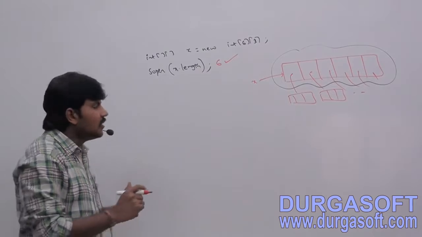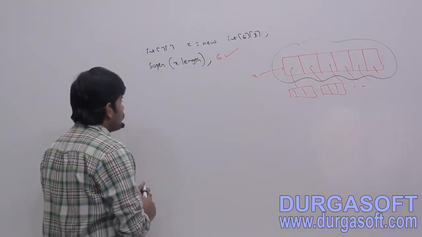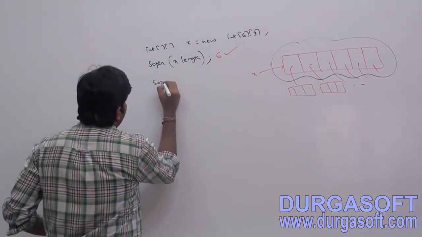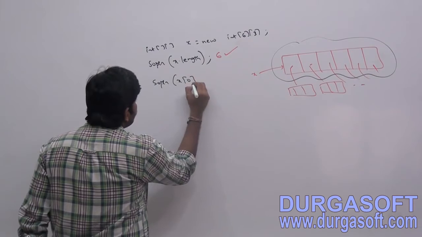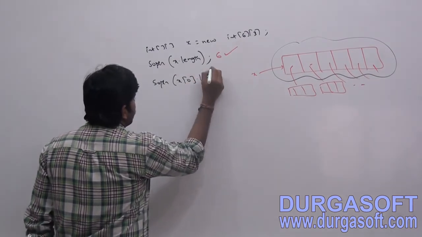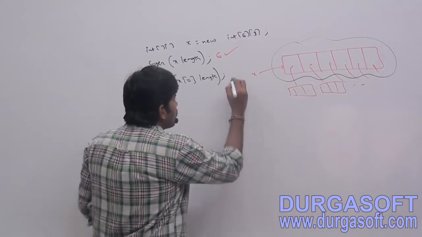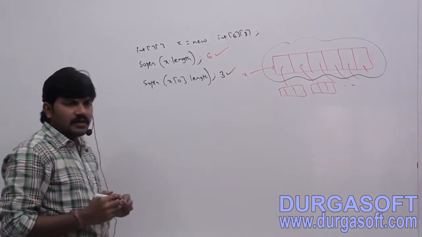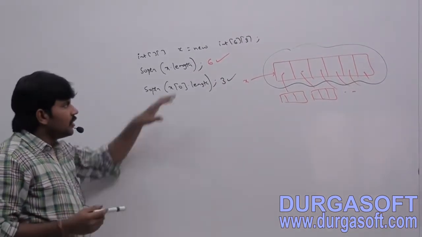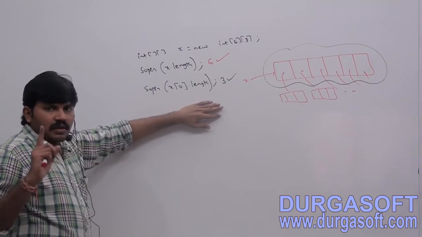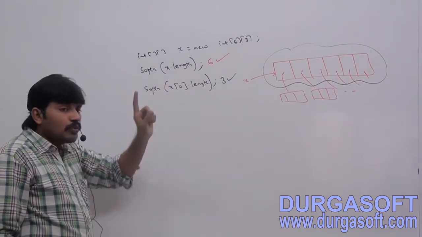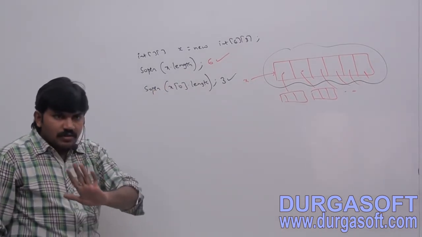Now if I write SOP of x of 0 dot length, what answer will we get by default? X of 0 dot length is 3. So in multi-dimensional arrays, the length variable represents only the base size but not the total size.